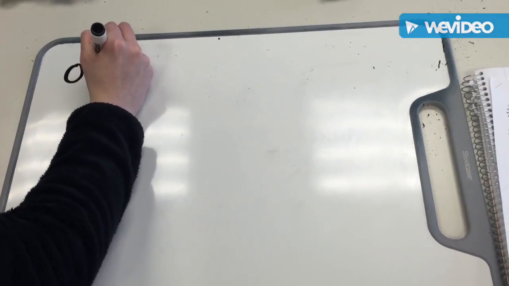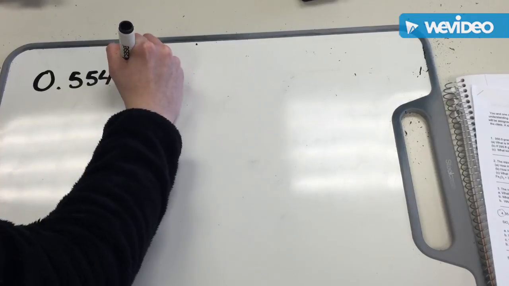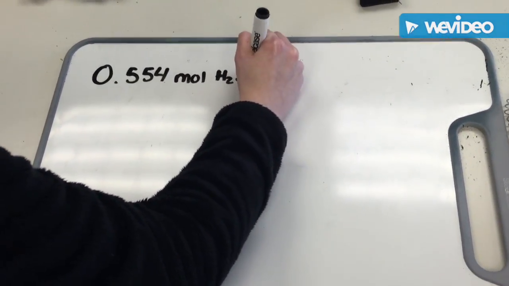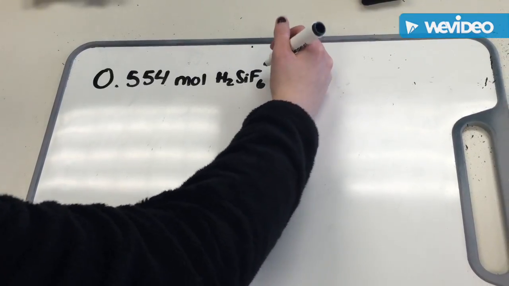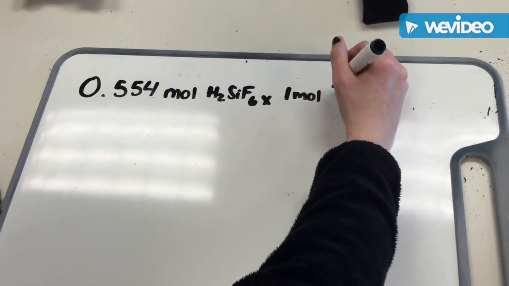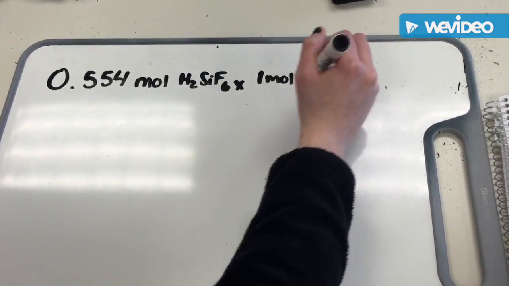The first question for problem number 4 was how much mass of the excess reactant remains after reaction ceases? Our excess reactant was the silicon dioxide because it had the most moles.